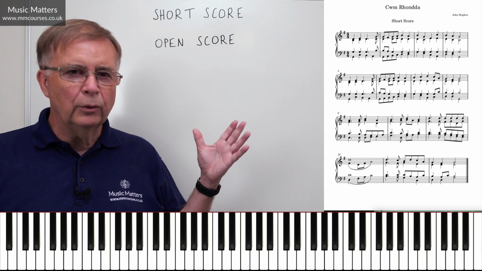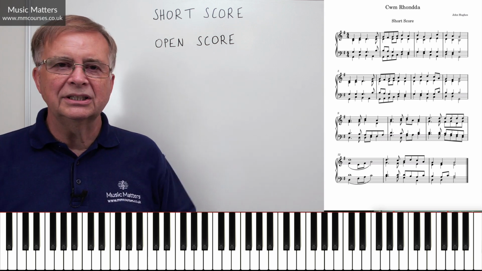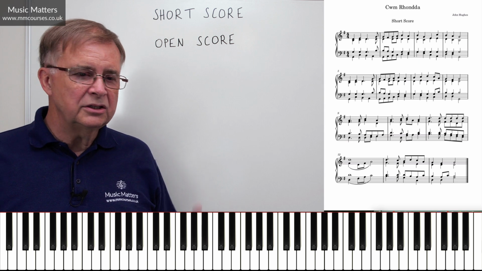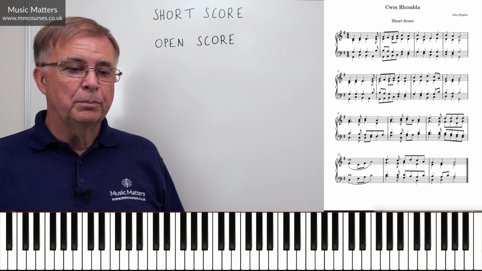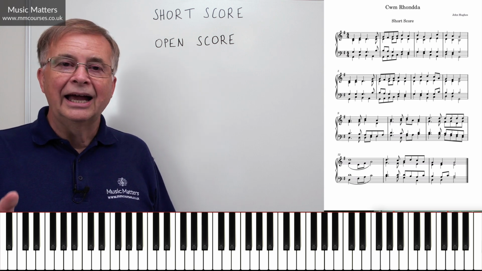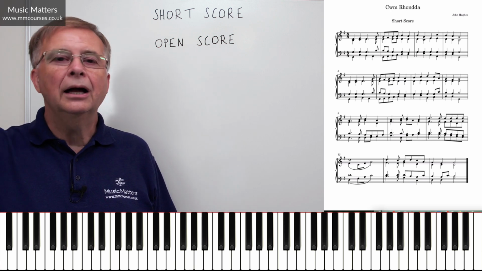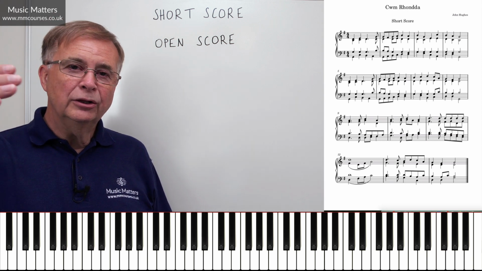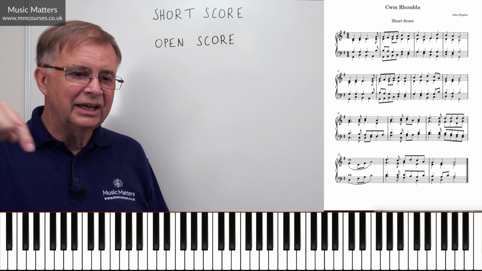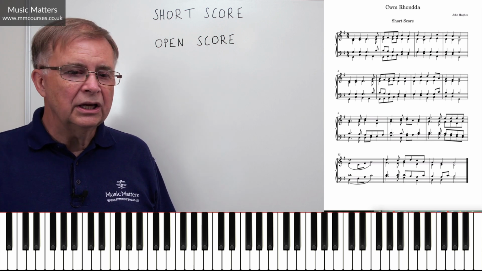Well, if you did that when you've got two parts sharing the same stave, then who knows which stem belongs to whom. So to make life much easier, the sopranos and the tenors have all of their stems going up regardless of where they are on the stave, and the altos and the basses have all of their stems going down regardless of where they are.